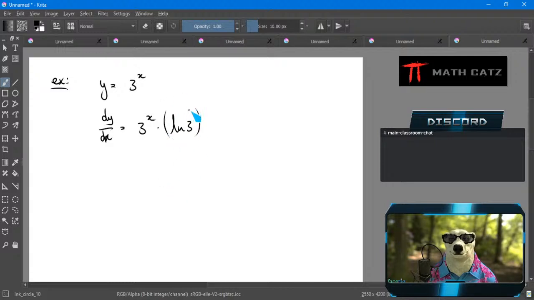I just use brackets to make it clear this is a single number being represented. What is that number? Put it in your calculator. Who knows? I don't memorize these things. But it's that simple. Let's try another one. Let's say 5 to the x squared plus 1. I have a secret crush on x squared plus 1. I don't know why.